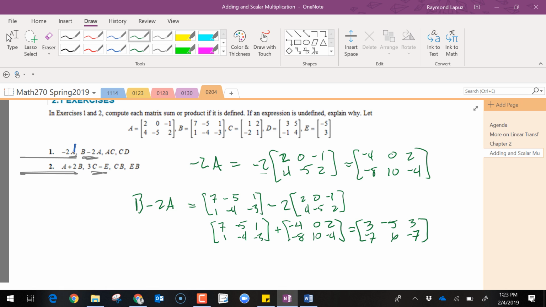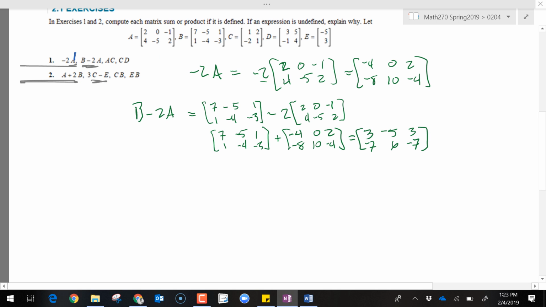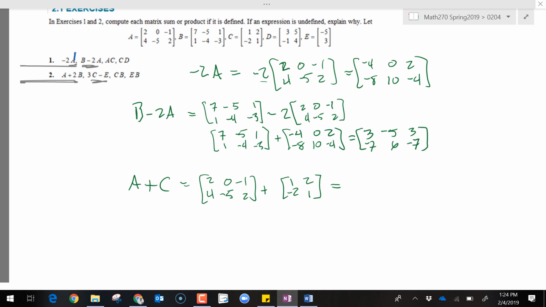Okay, so those are some of the basics. Let's take a look at some of these other things that we cannot do. A plus C: A is 2, 0, -1, 4, -5, 2, plus C is 1, 2, -2, 1. This will not work because one matrix is a 2 by 3, the other matrix is 2 by 2.